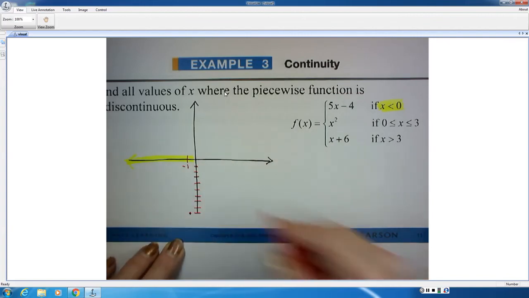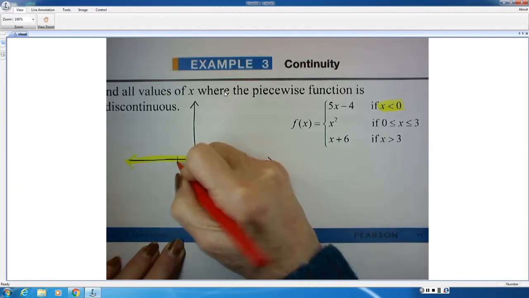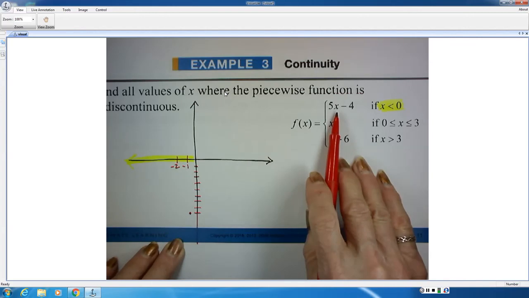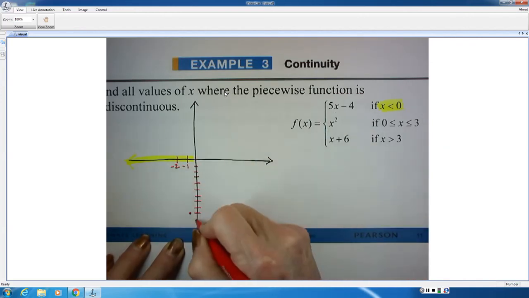And if x is negative 2, then 5 times negative 2 is negative 10, minus 4 would be negative 14.